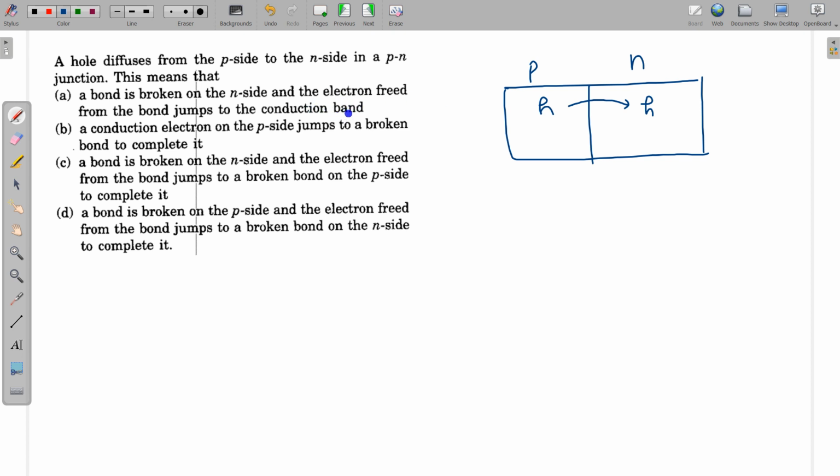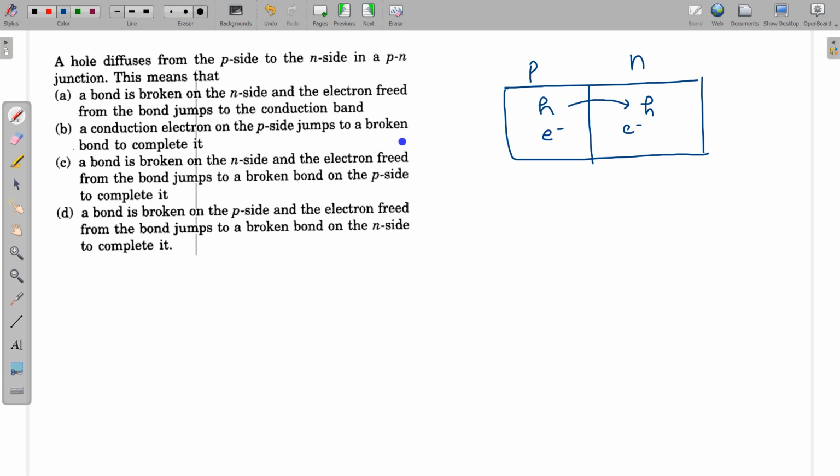So obviously this is not the case, because in that case the electron is just freed from here and just filling the conduction band. A conduction electron on the p side jumps to a broken bond to complete it.